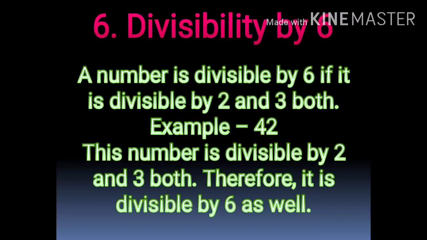That is, we will add 4 and 2. 4 plus 2 is 6. Now we will divide 6 by 3, and on dividing 6 by 3, we will get 2 as quotient and 0 as remainder, which clarifies that 6 is divisible by 3. Now we can see that 42 is divisible by 2 and 3 both, so it will be divisible by 6 as well.